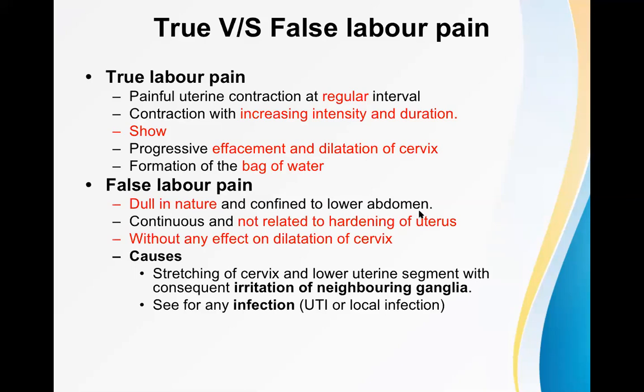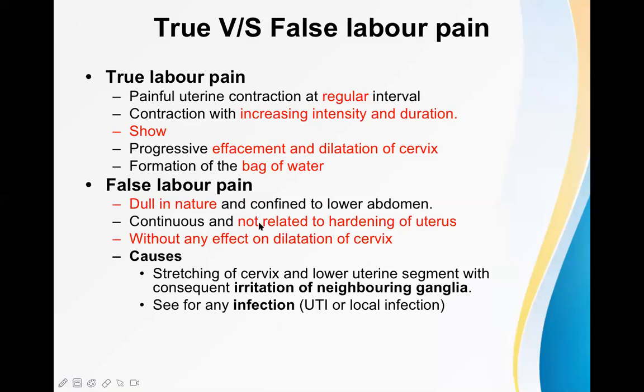It is confined to the lower abdomen only, and it is dull, aching in nature, a bit of continuous type. It is not rhythmic or intermittent type of pain. Continuous, dull, aching pain is a false labor pain.